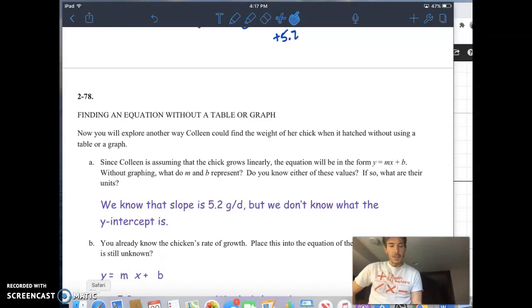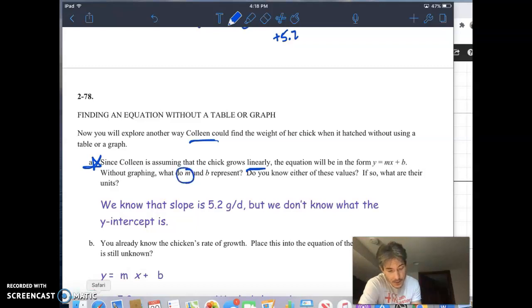Now we're going to explore another way that Colleen could find the weight of her chicken when it hatched without using that table or graph. And we're going to revisit the equation in slope-intercept form, right? Check this out. Since Colleen is assuming the chick grows linearly, right? It's a steady growth rate. The equation in y equals mx plus b form is going to be helpful.